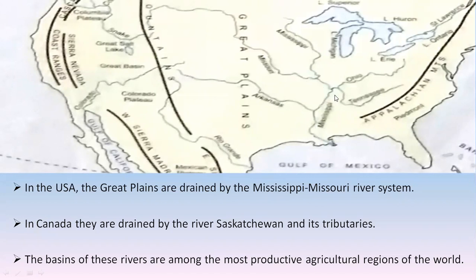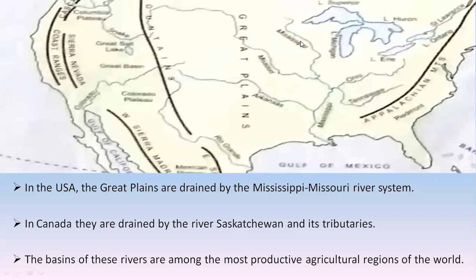Apart from the Mississippi and Missouri Rivers, on the way the Mississippi River is joined by the Orinoco and some Arkansas rivers too. So all this river system, Mississippi, Missouri, Arkansas, Orinoco, together drain these Great Plains.